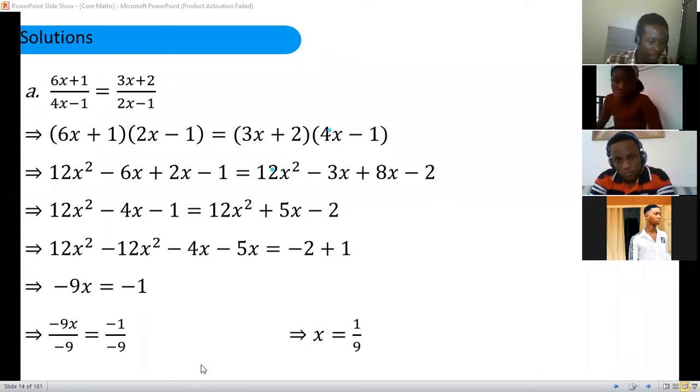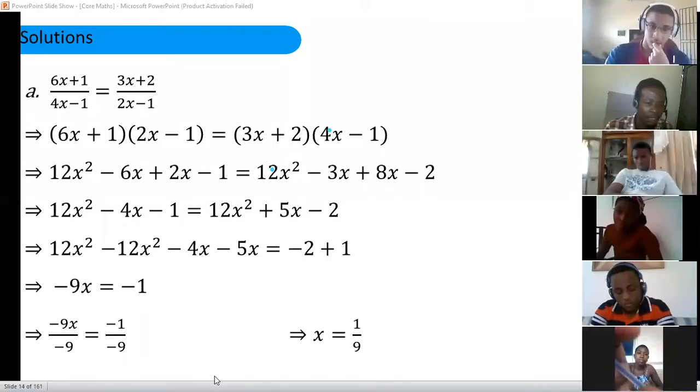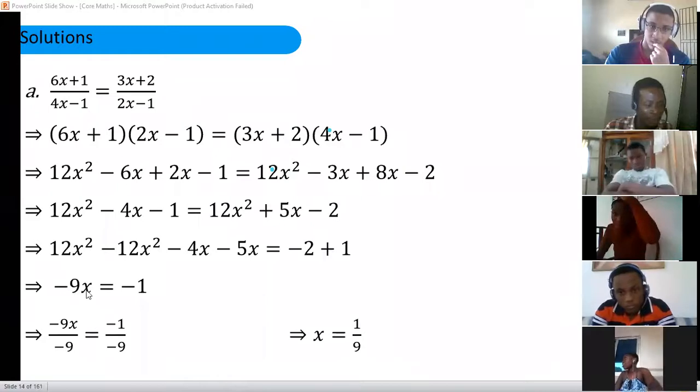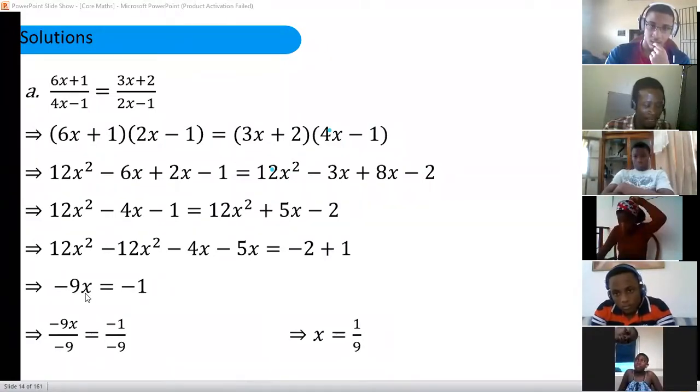Again, there's a need to group like terms here because of minus 9x and minus 1, then 9 is not belonging to the formula of x. We want to solve for x in this case. So there's a need to group the 9 and the 1 together.